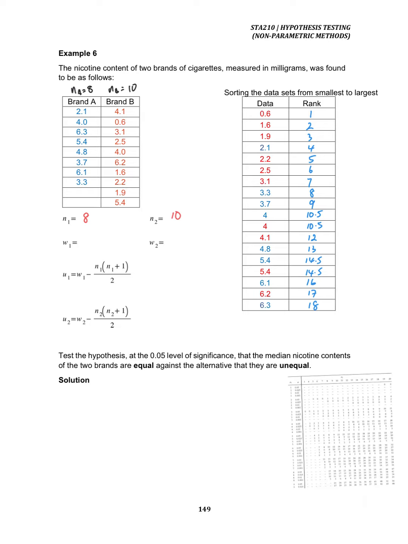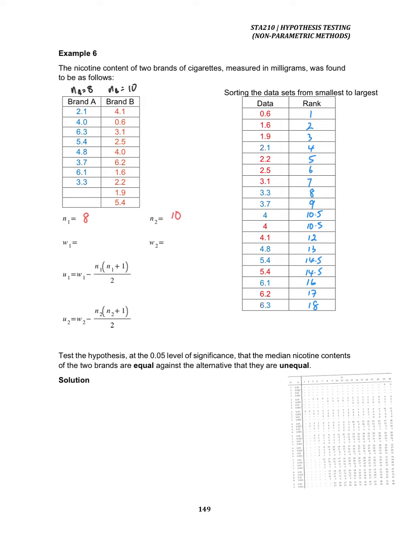Okay, now apa yang perlu kita buat? Awak kena add upkan ranking untuk kita nak cari W1 and W2. W1 referring to the population that has smallest value of n. W2 referring to ranking of the population that has largest n.